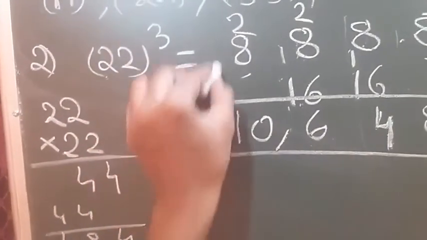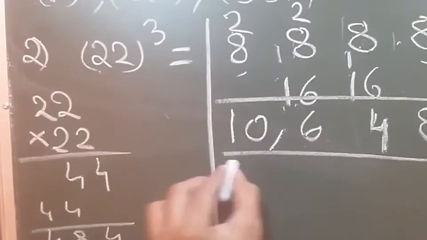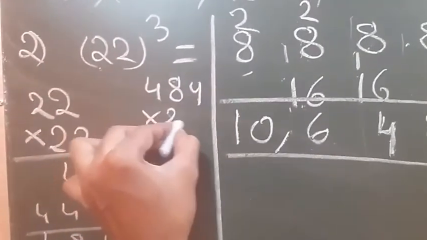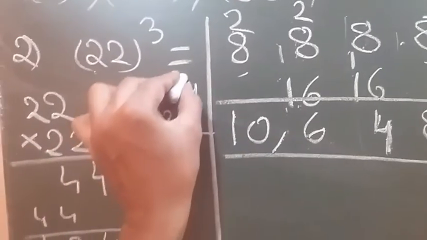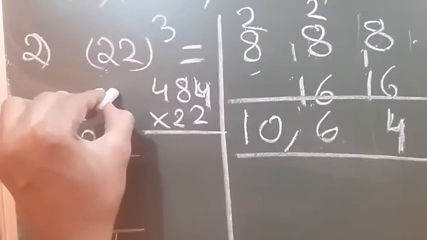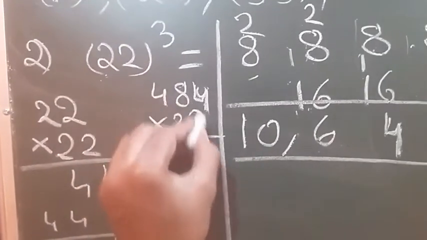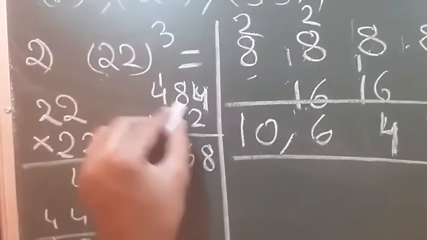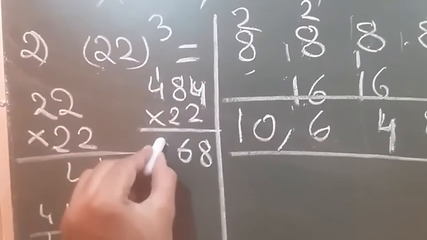Now 484 into 22. If you multiply 22 with 484, then you will get the cube of the number 22. Now multiply. 2 4s are 8, 2 8s are 16, 2 4s are 8, 8 plus 1, 9.